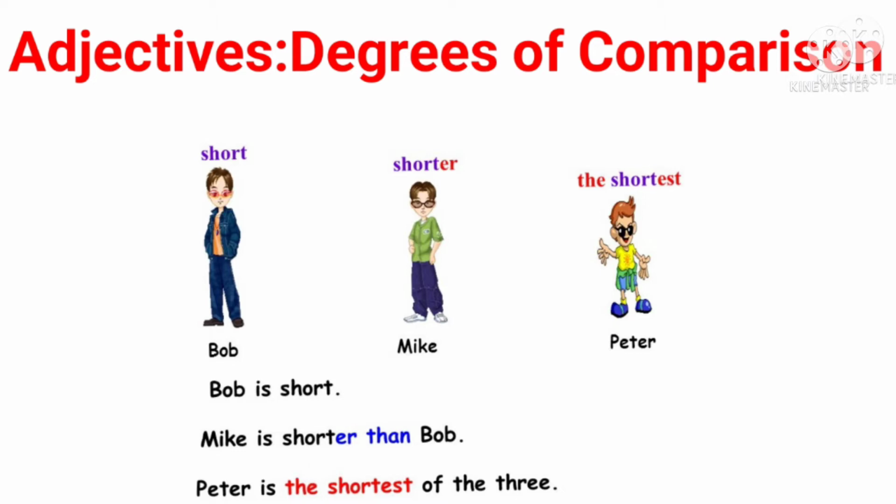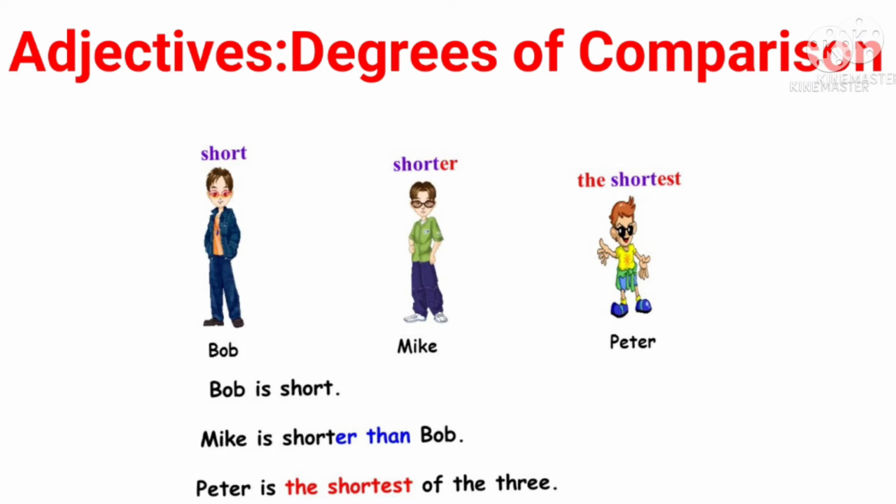What is this picture indicating? As you can see, a kind of comparison is taking place between the height of Bob, Mike and Peter. So Bob is short, Mike is shorter than Bob, and Peter is the shortest of the three.